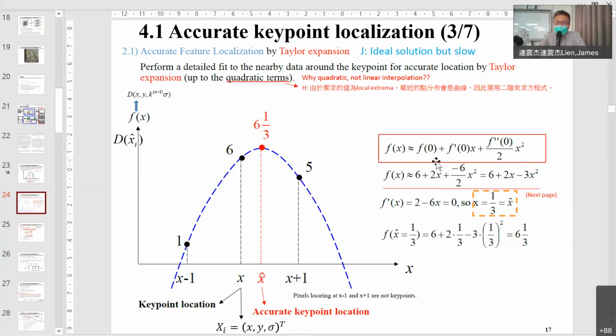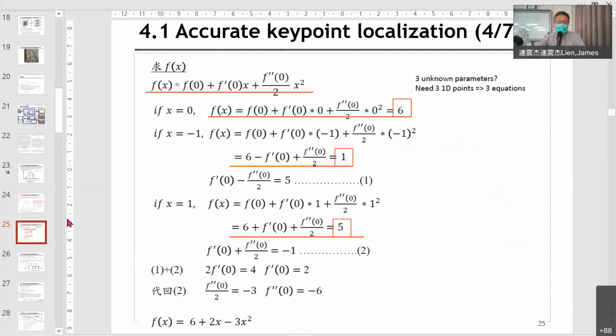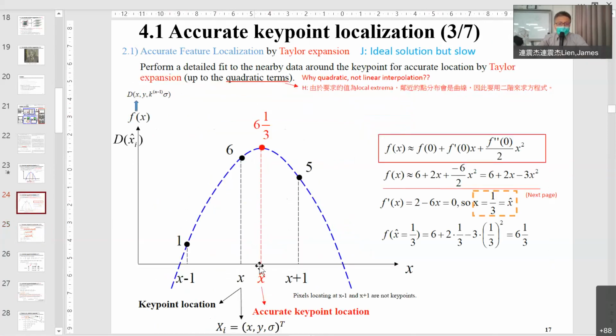Our purpose is to find the unknown parameters. Here, three parameters are unknown. If x equals 0, that is this point, and we want to find the peak near it. Left side is -1, and this is +1.